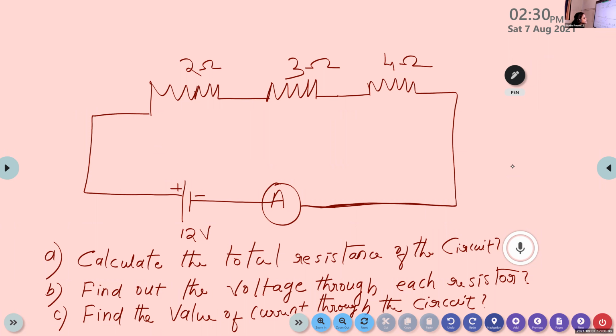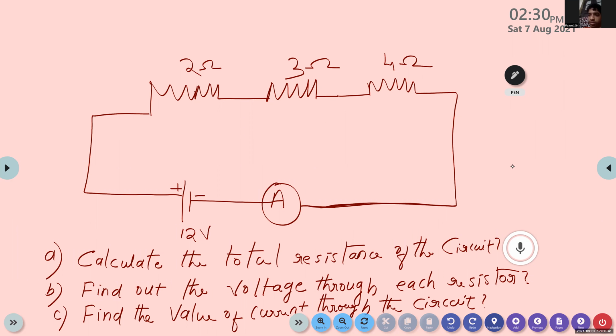What is the total resistance of the circuit? Or what is the equation for calculating the total resistance in a series combination? What is the equation for calculating the total resistance of a series combination?